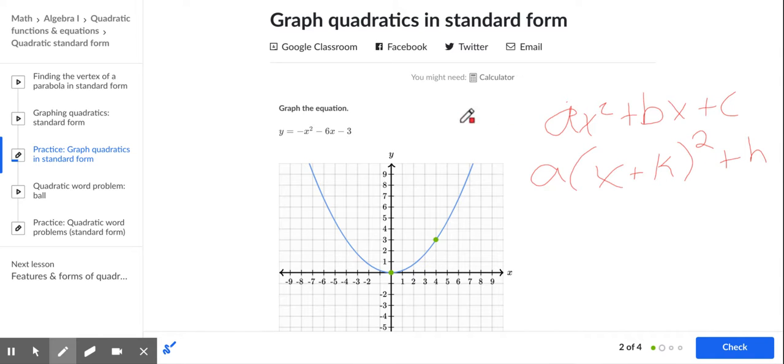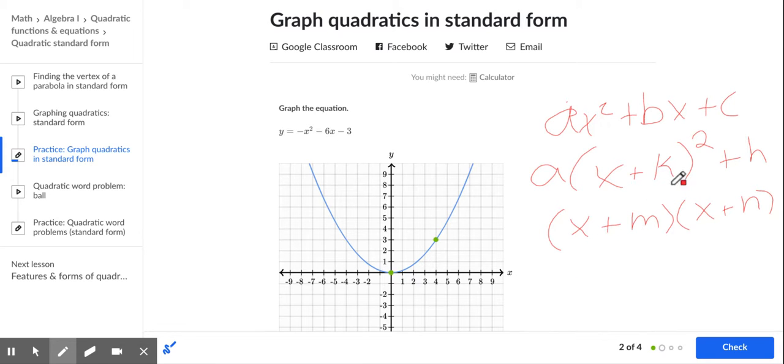This is called vertex form. And then the last one would be factored form. So I'm just using random letters. So this would be factored form, right? So if you factored it, you'd get this form.